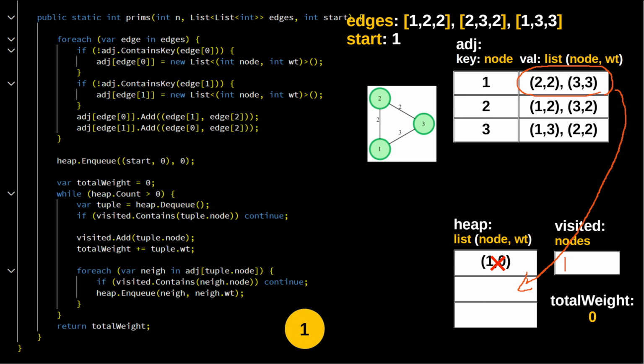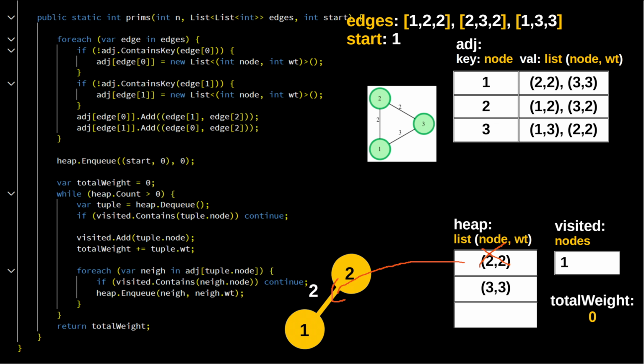Because the heap is prioritized by the weight, the top of the heap is the 2, 2 tuple. So once I dequeue, 2 goes into the minimum spanning tree. Because the 1, 2 edge has a weight of 2, I will update the total weight here to be 2. I add the 2 to the visited set. Now, for node 2, I check the adjacency list, and I add all the edges that are coming out from 2.